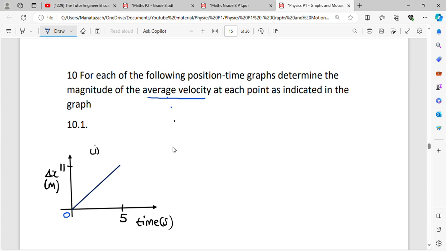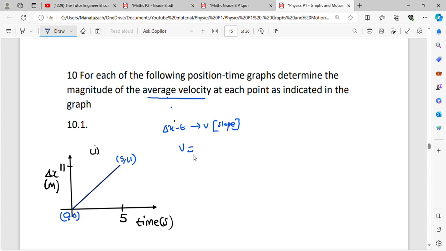Since you are given the displacement-time graph and you need to work out the velocity, that means you need to calculate the slope, right? So let's calculate the slope to get the velocity. The coordinate here is 5 and 11 and the coordinate there is 0, 0.